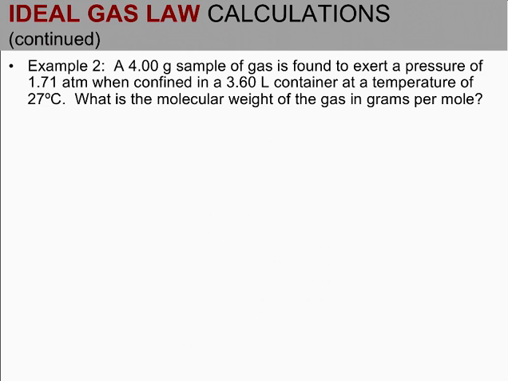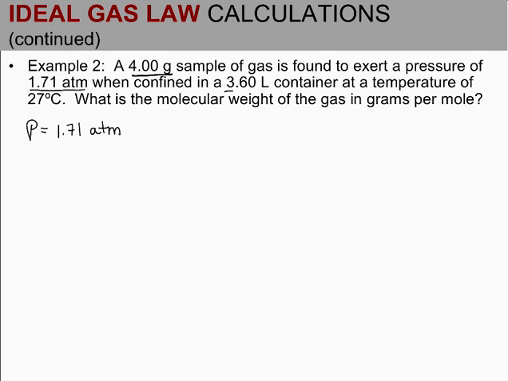Okay, so we're told that we have a 4-gram sample, but that's not in moles. So let's hold off on that for a little bit because we do want the amount of gas to be in moles. We're told the pressure is 1.71 atmospheres.